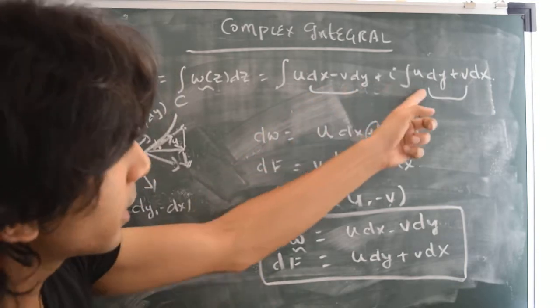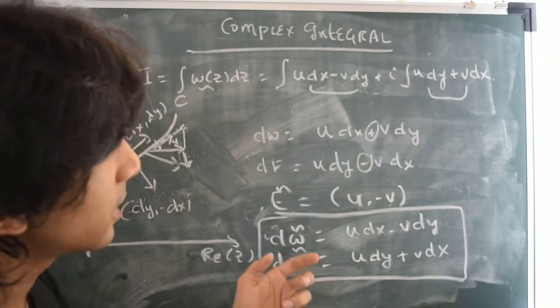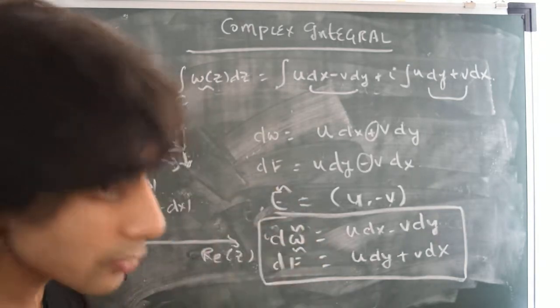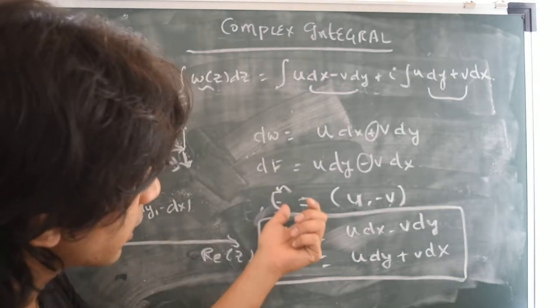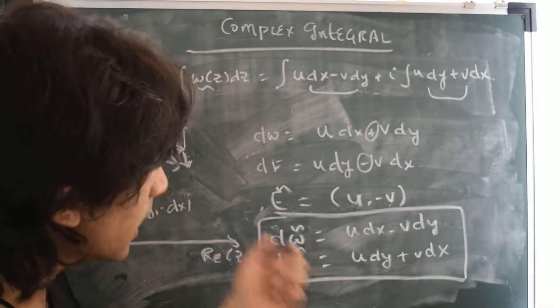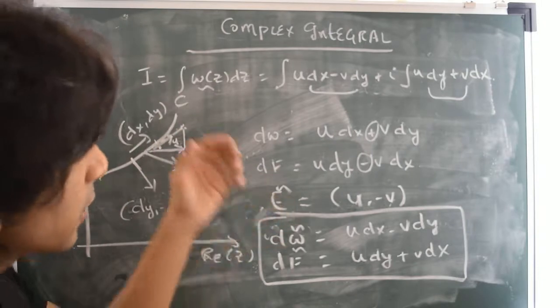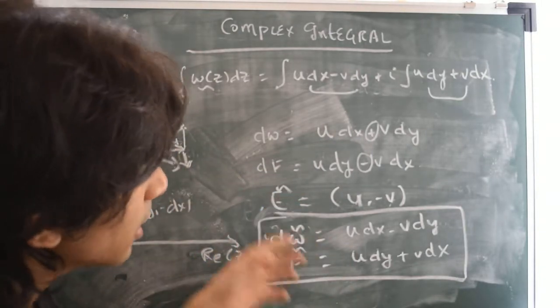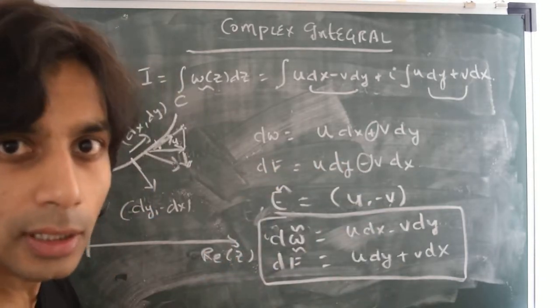Likewise, the imaginary part of the integral is the flux flowing through the curve associated with the vector field which has components u comma minus v, which is the conjugate of w(z). And if you move along the curve, the work done is also associated with the vector field E tilde, which is composed of the conjugate of w(z).